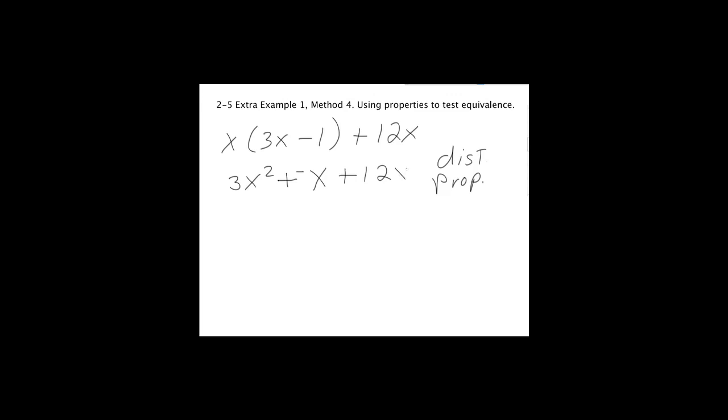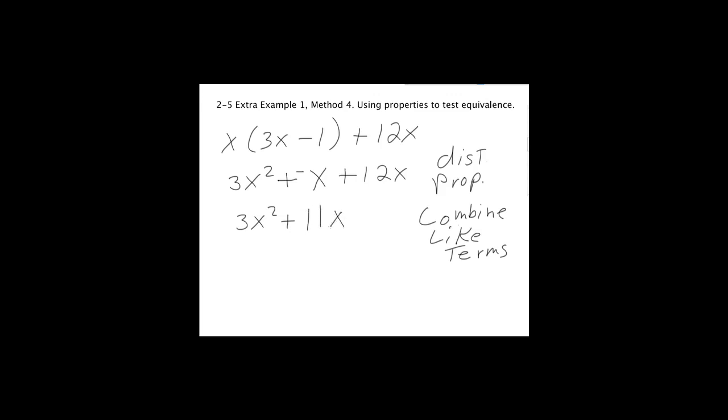I'm going to combine terms. And 3x squared, that's the only one with a squared to it, so 3x squared plus 12x plus the opposite of x would be 11x, so plus 11x.